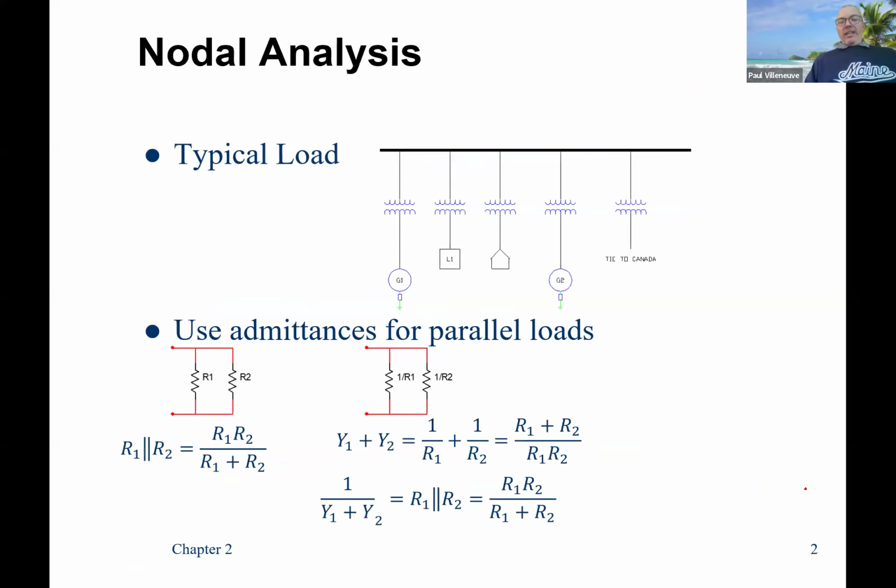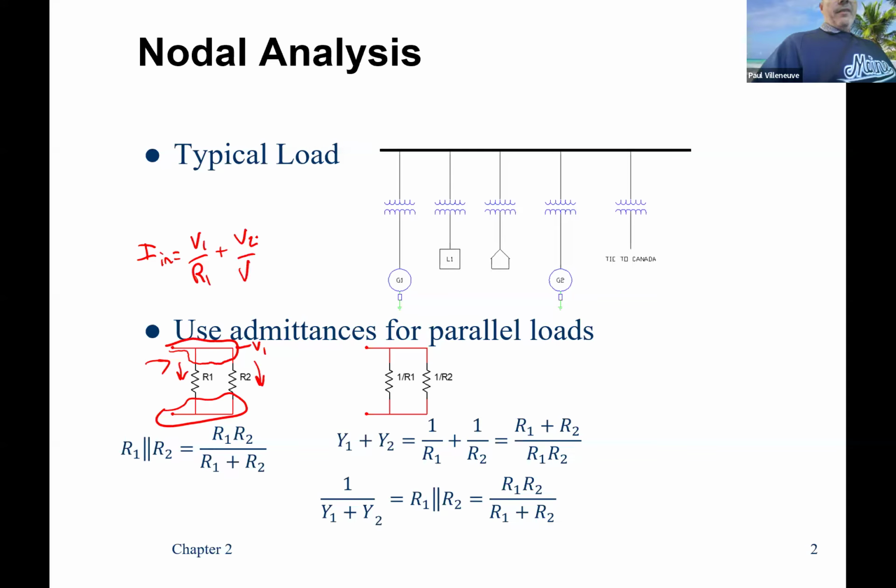And we're going to do nodal analysis. And if you all remember from nodal analysis, we have a common node or common nodes, and we're solving for KCL. The sum of the currents into the node equals the sum of the currents out of the node. And so if we assume that current like that, and this is our V1 node, we have IN equals V1 divided by R1 plus V1 divided by R2, right?